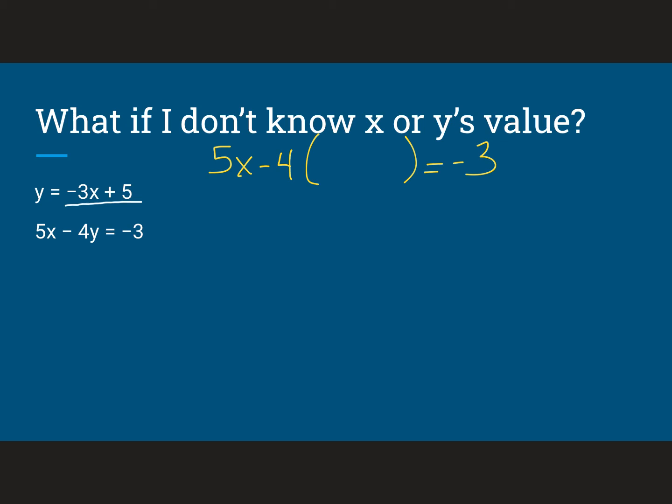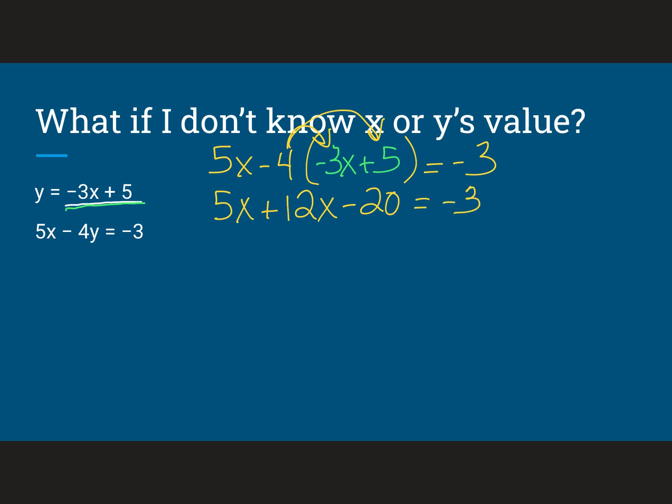So I'm going to take this value here, put it here, so it's negative 3x plus 5. So I have 5x, and then negative 4 times negative 3x becomes positive 12x, because it's a negative times a negative. Negative 4 times positive 5 gives me negative 20 equals negative 3.